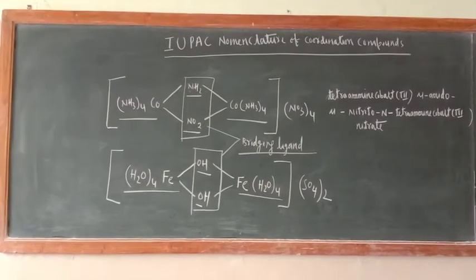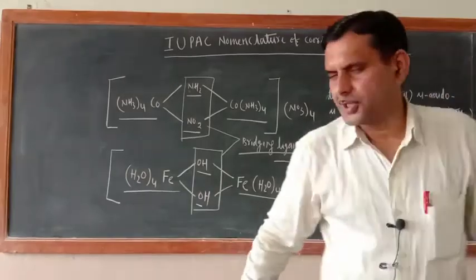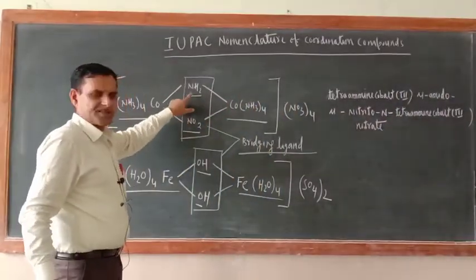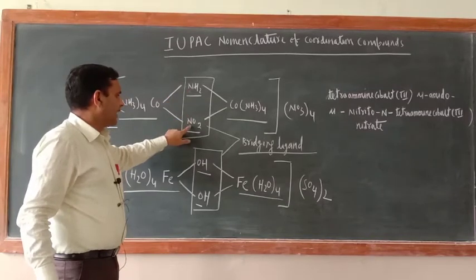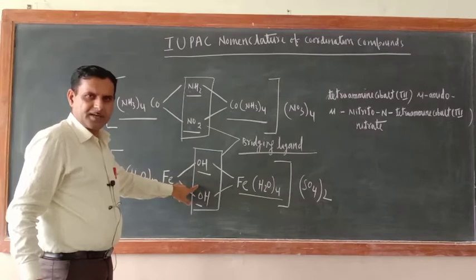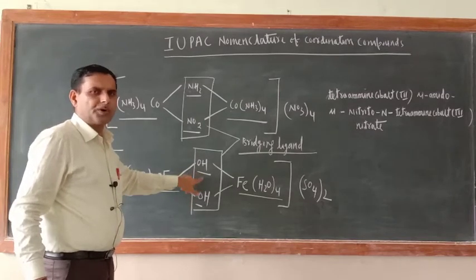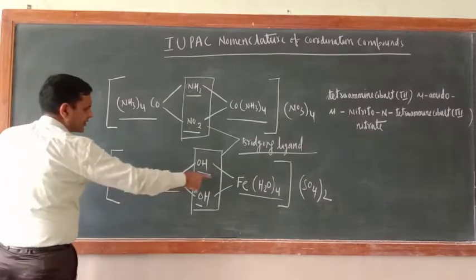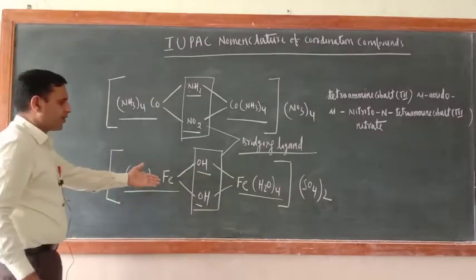Same is the case with second one also. Here what is there? Here different kind of bridging ligand was there. Amido and nitrito. Here what is there? Hydroxo. So dihydroxo, because two are there, mu dihydroxo. Process is same only. First you calculate the oxidation number of iron. 3 only will come.